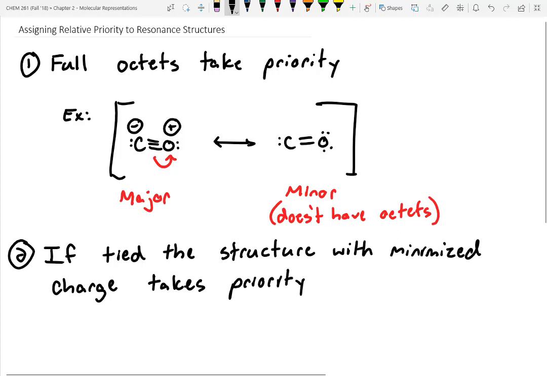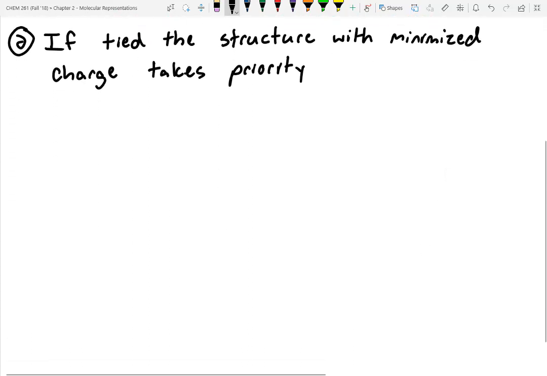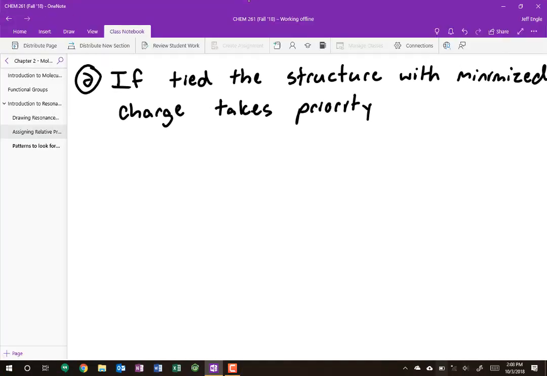All right, so I'll show you an example of this. I'm trying to think of an example off the top of my head, and I can't right now. But the idea, let's actually go back.